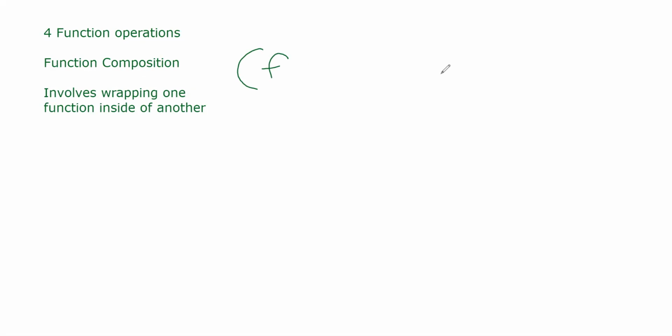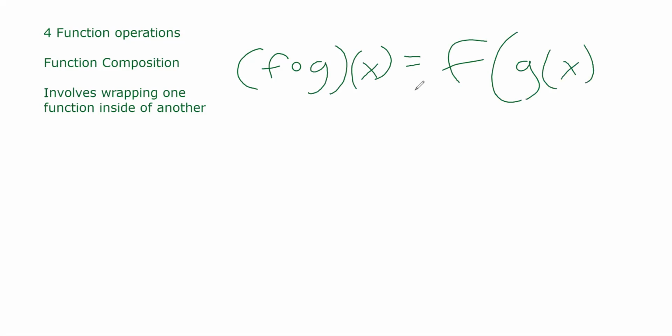And so that's supposed to look like a little circle. F composed. There we go. That looks much better. Of G of X is going to be the function G of X basically inserted into the function F of X.